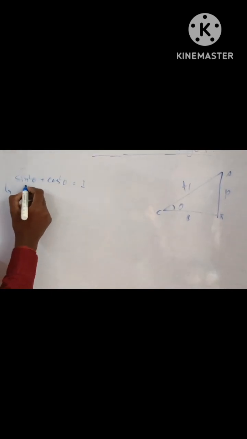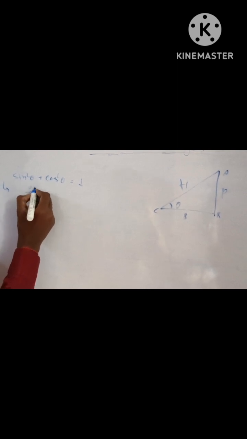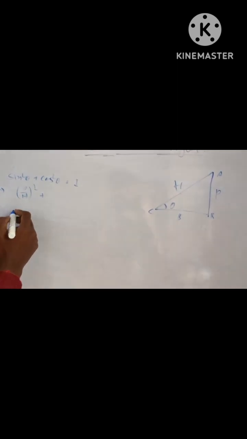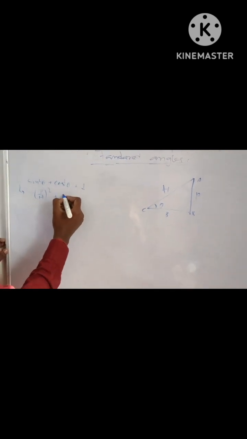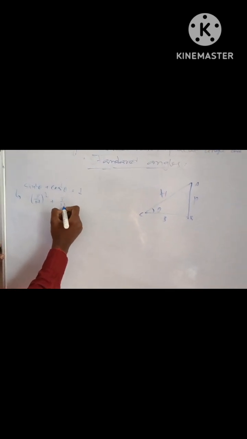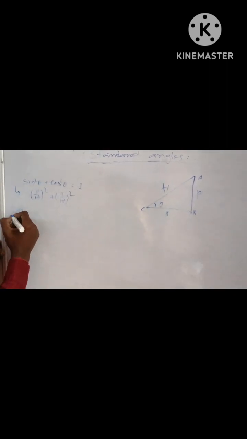Let's see. Sin theta equals perpendicular by hypotenuse, so sin square theta equals perpendicular square by hypotenuse square. Cos theta equals base by hypotenuse, so cos square theta equals base square by hypotenuse square.